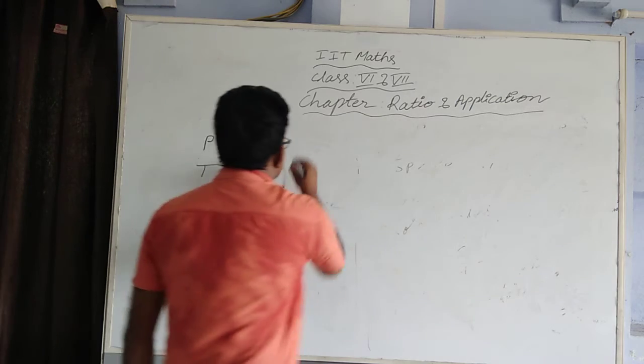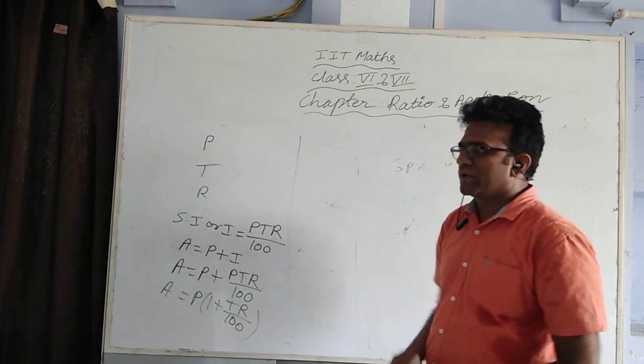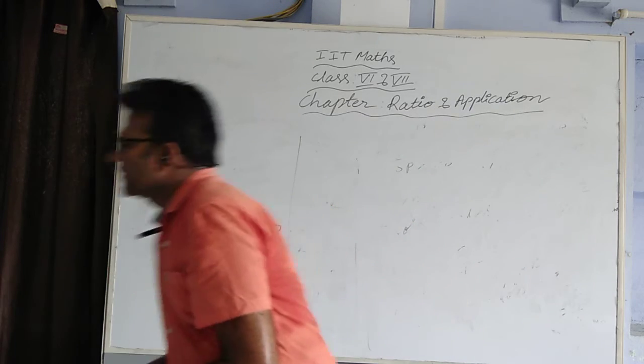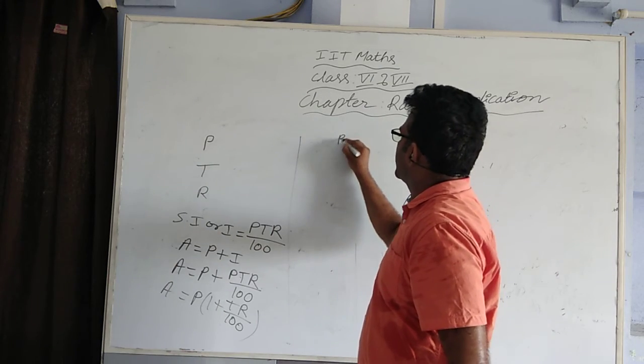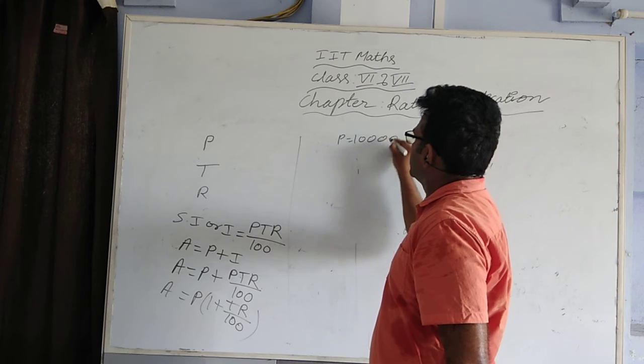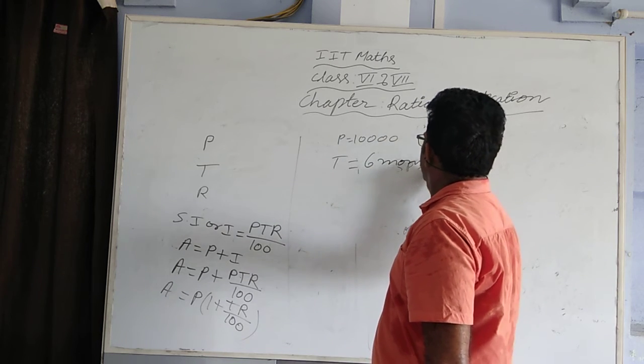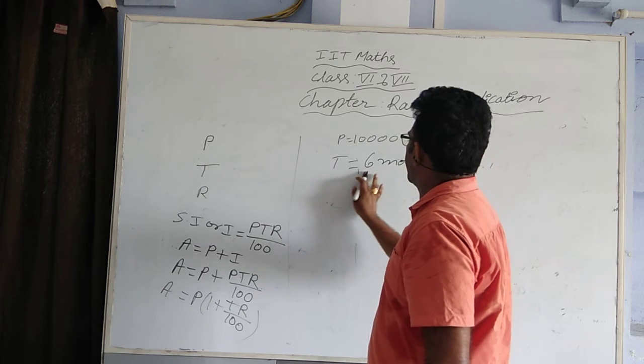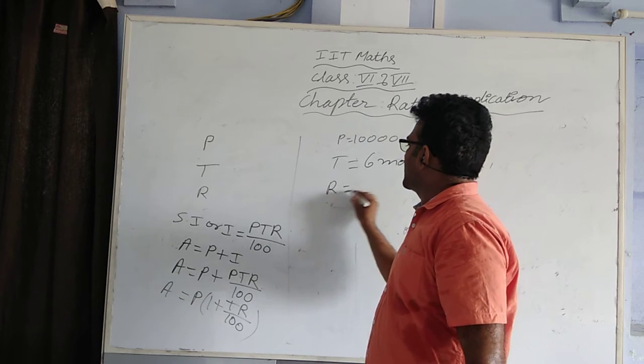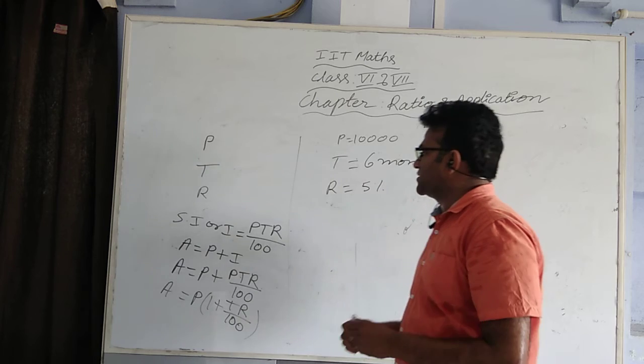One example we are going to take here. The principal amount I am considering is 10,000 with the time period 6 months and rate of interest 5%.